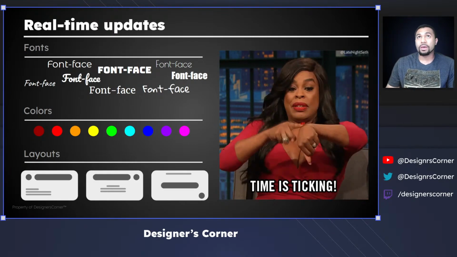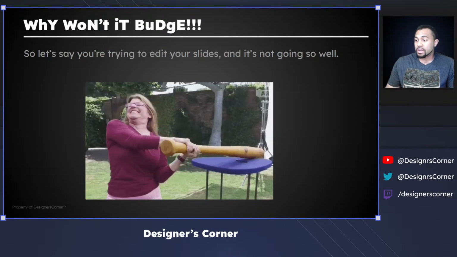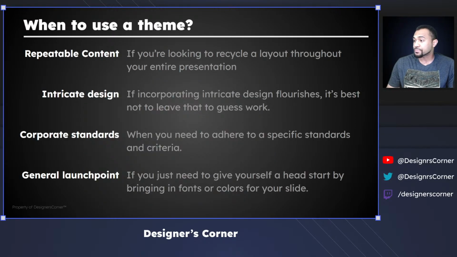And not only that, we can ensure that we're not touching things that shouldn't be touched. So if you're feeling like this when you're working in Google Slides, it's usually because the element that you're trying to change is part of the themes, the theme layouts. And so unless you have placeholders, then the other elements are just going to be fixed where they are.